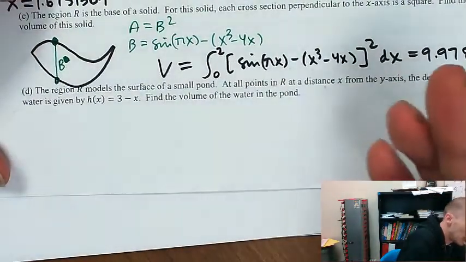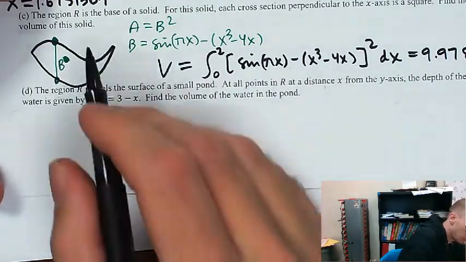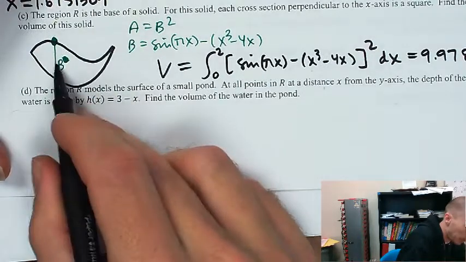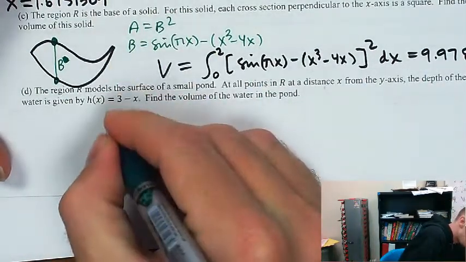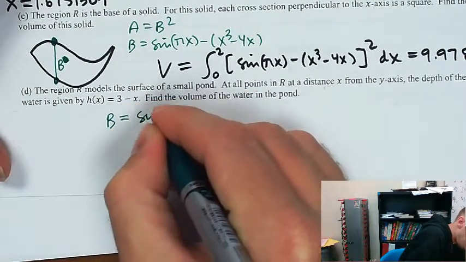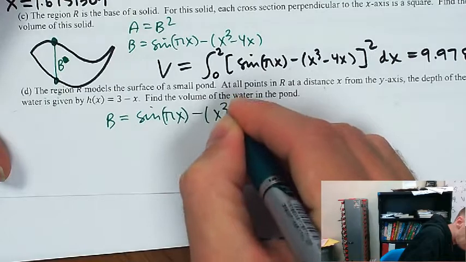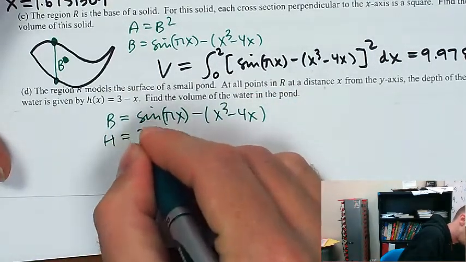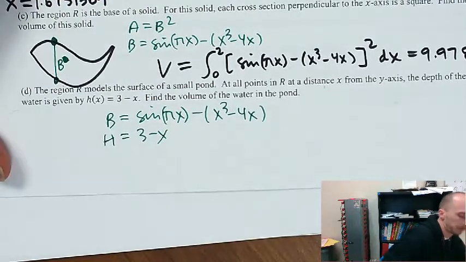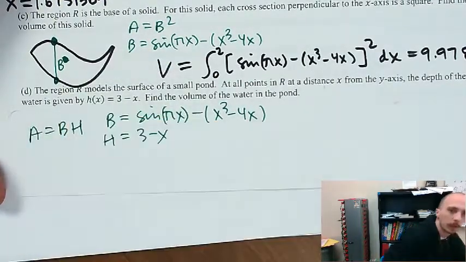So what I'm going to do is say it's going to be a rectangle situation. So really I'm going to use the same thing as the base of my rectangle. Base equals sine of pi x minus x to the third minus 4x, and the height is going to equal 3 minus x. And we know that the area of a rectangle is base times height.